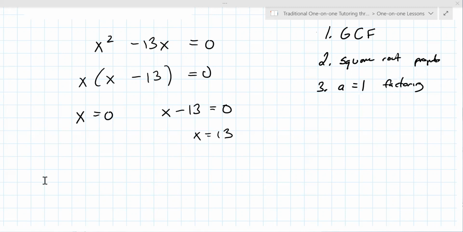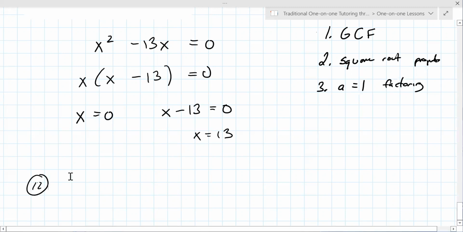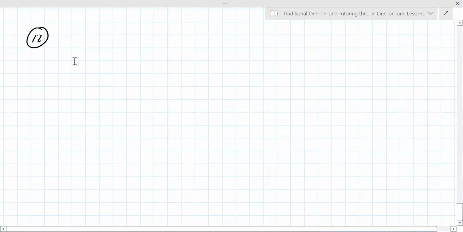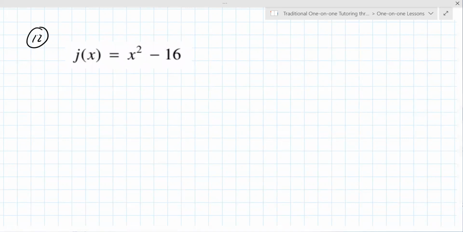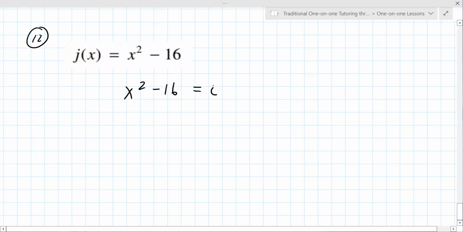Okay, so let's look at number 12 next. Whoa, that didn't snip the right place. Okay. So this is number 12, and it says to find the zeros of the quadratic. And what you want to associate with that is you're going to write it equal to 0.